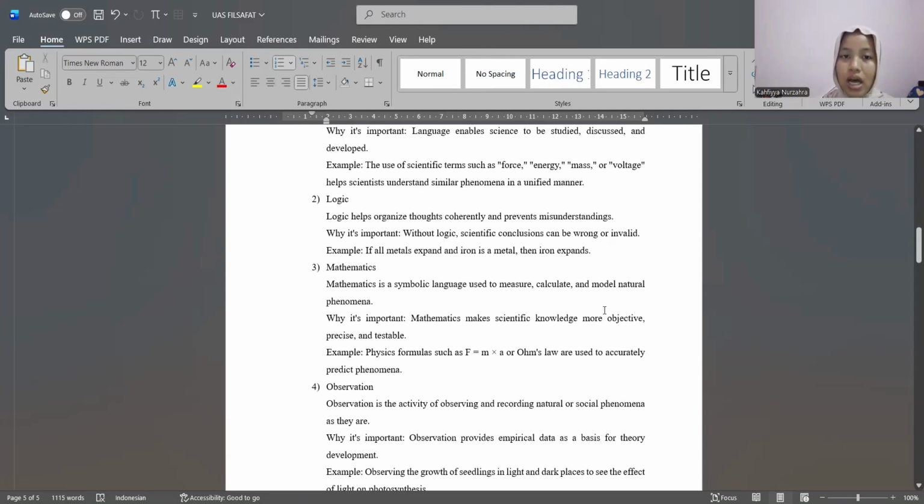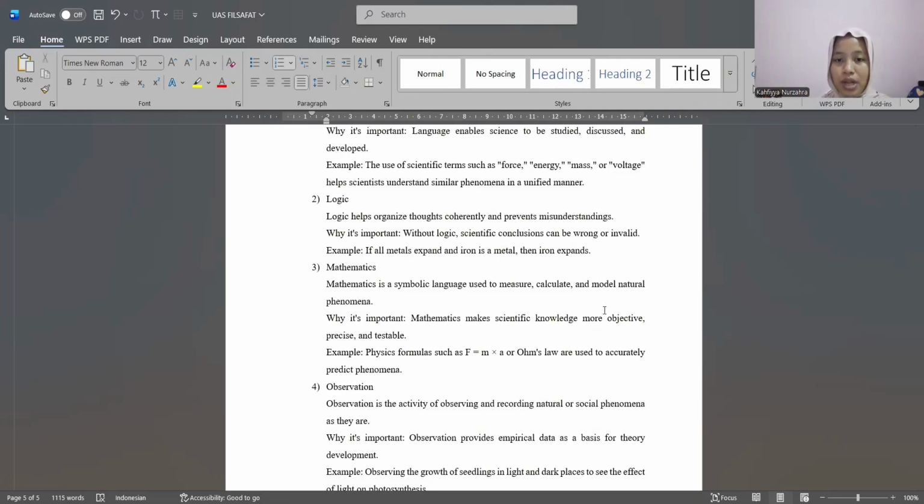2. Logic. Logic helps organize thought coherently and prevent misunderstanding. Why is it important? Without logic, scientific conclusions can be wrong or invalid. Example, if all metals expand and iron is a metal, then iron expands. 3. Mathematics.